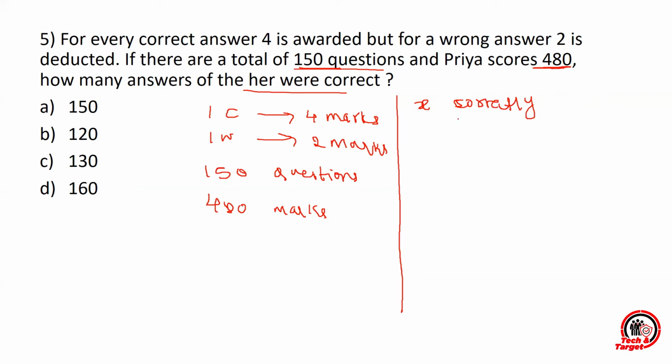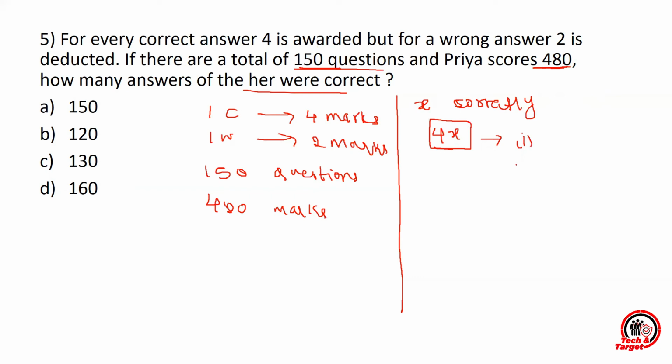Then what happens? For each correct question, there will be 4 marks allotted. So 4 into x, right? So for x questions, 4x marks will be allotted. So this is the number of marks that she might have got for answering x questions.